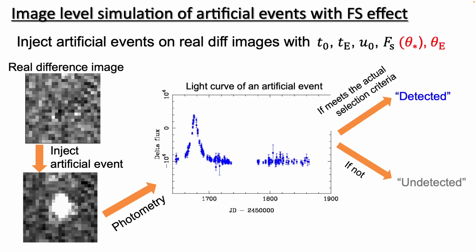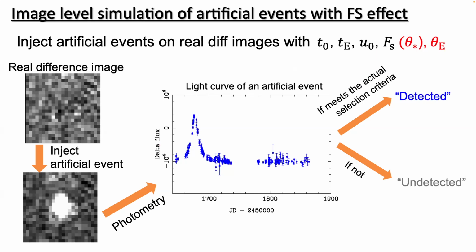This is a real difference image, and we inject an artificial event with given parameters, and then conduct the photometry using the same pipeline as we use for real data, and then get the light curve of the artificial event. Then we check if this event meets the actual selection criteria that we use for actual data, and then consider if it is detected or undetected.